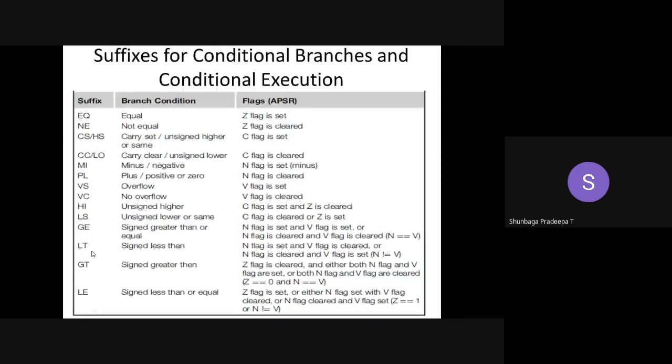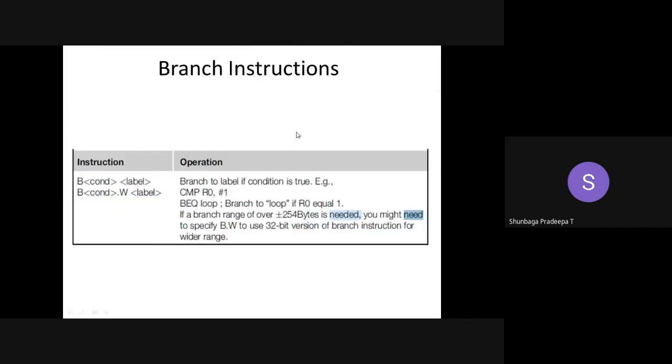Here you have the suffix given, which you will use along with the branch instruction. If you add BEQ, it means branch if equal, which means you will check whether your zero flag is set. BNE means if the zero flag is cleared. Likewise, you can have your branch instructions.